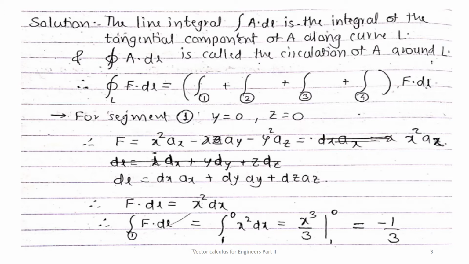Hence f is equal to x square ax minus xz ay minus y square az. So you will get x square ax by putting the value of y is equal to 0 and z is equal to 0. dl we have already defined. dl is equal to dx ax, dy ay and dz az. So when you find the dot product f dot dl, you will get only x square dx, and once you integrate you will get 1 by 3.